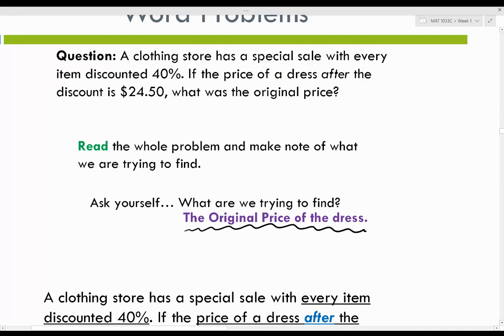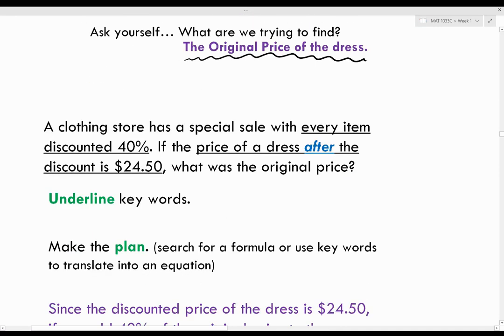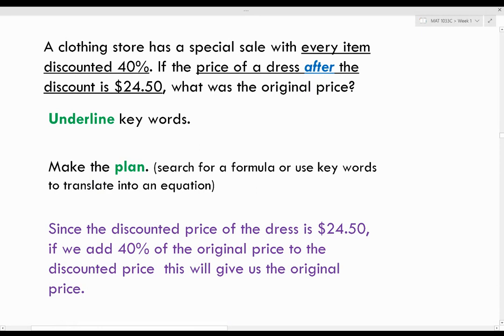Okay? So if we walk ourselves through those other steps, the next thing we would want to do is underline the key words. One of the phrases is every item is discounted 40%. So discounted lets you know that it's less than what it was originally priced for. The other key phrase in the problem is that the price of a dress after the discount is $24.50.